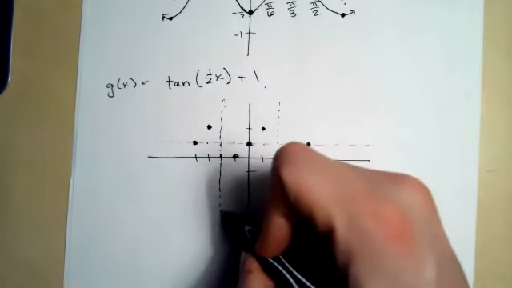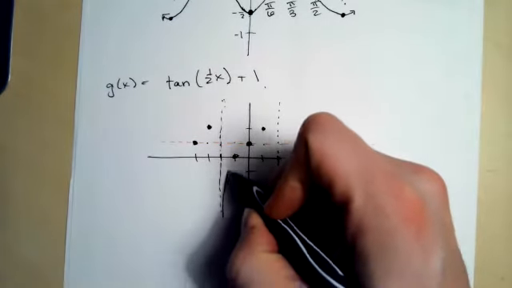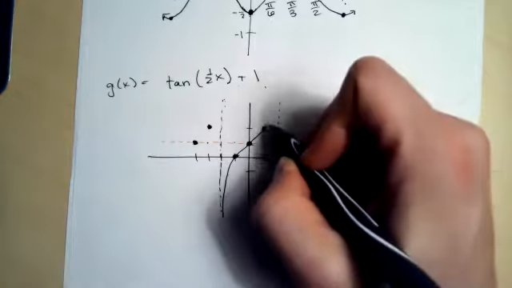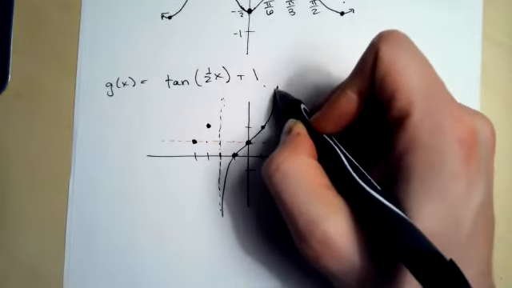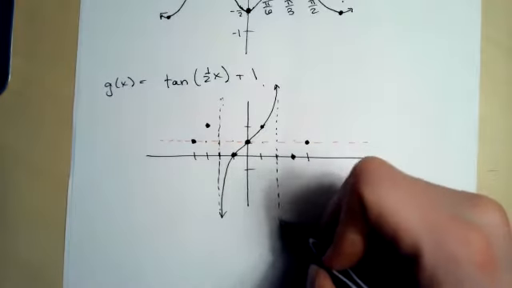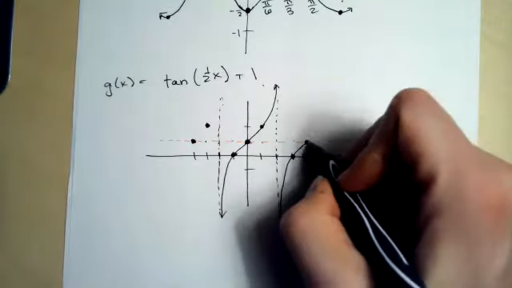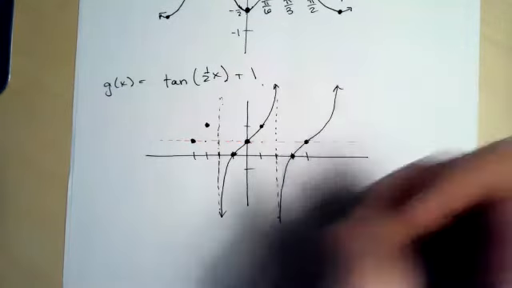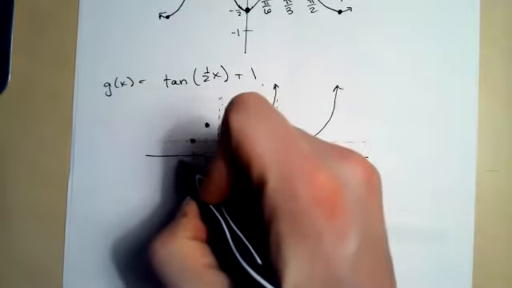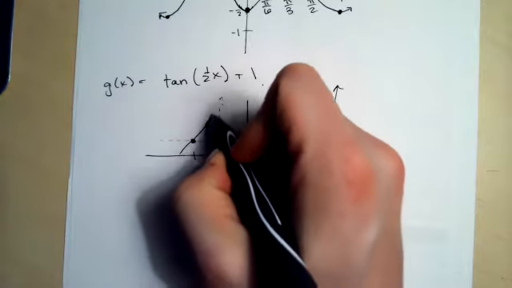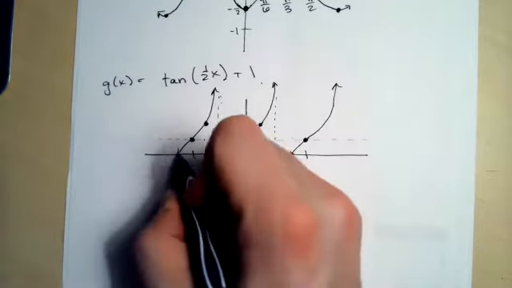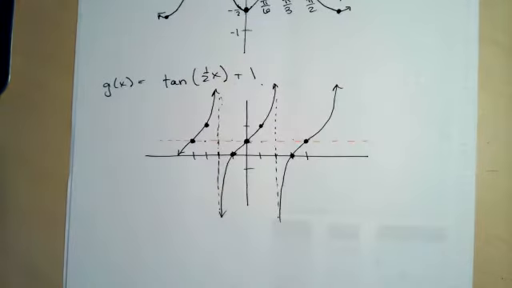And then in between each of the asymptotes, connect the dots and draw something that looks like a cubic chasing the asymptotes. That one will keep going if you wanted to draw it. And that's our tangent.